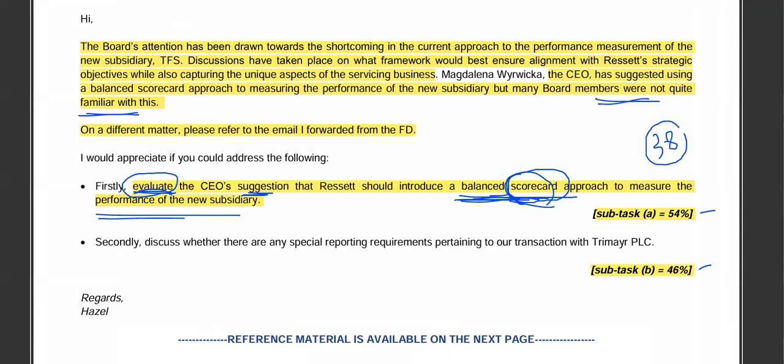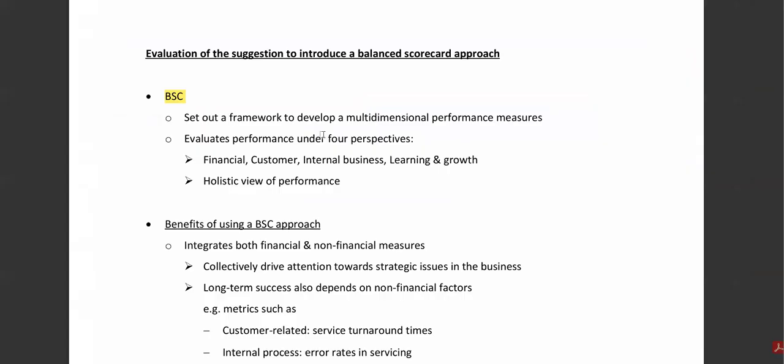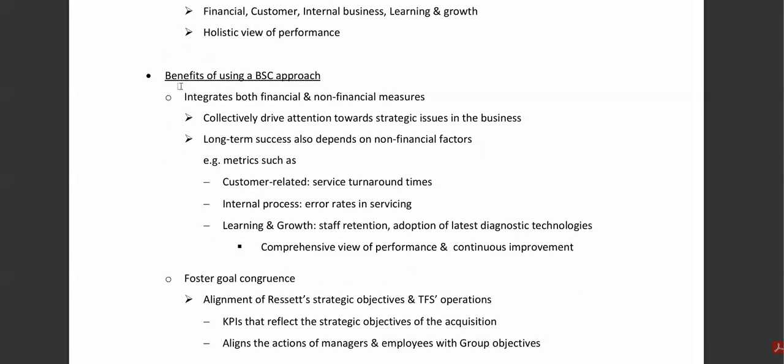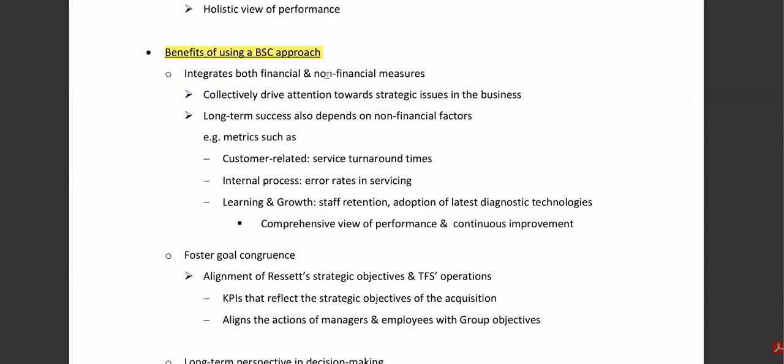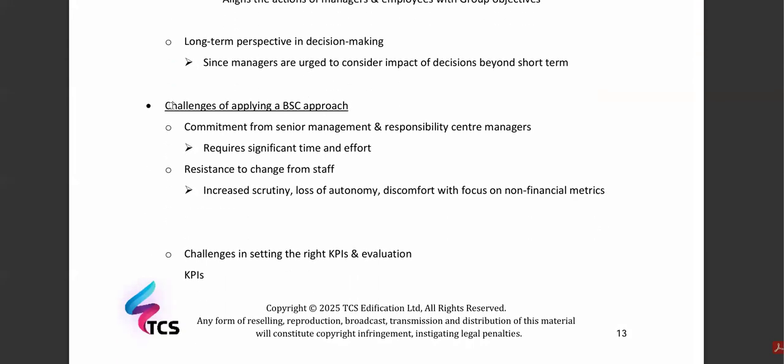So we begin with a brief explanation of what is balanced scorecard, and thereafter we discuss how it is helpful for performance evaluation in this context. So we focus on the benefits of using a balanced scorecard approach. And thereafter, we also highlight that there are some challenges or issues of applying a balanced scorecard approach.